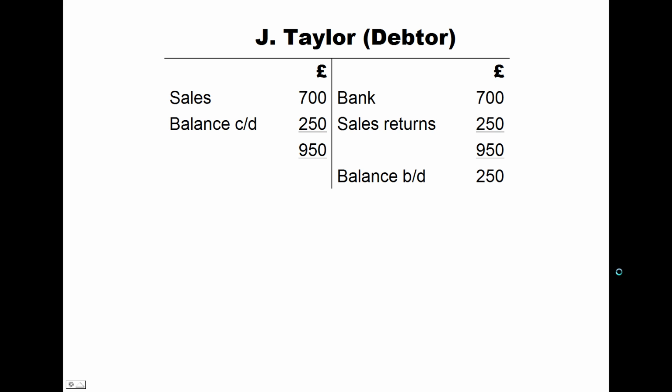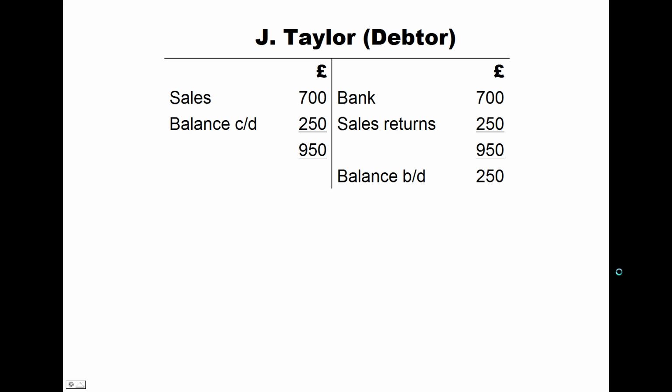So this is a scenario where a debit balance could start from a balance BD if J Taylor had bought previously and owed money previously. In this case, it wasn't meant. But this shows how transactions during a period can end up with a balance CD at the end of one year, giving a balance BD at the start of the next year.